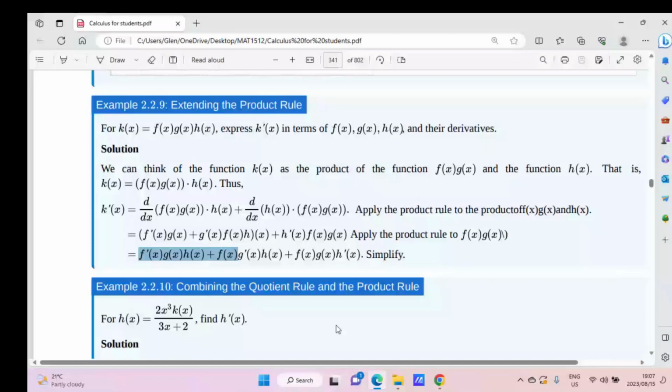In the denominator, I have 3x plus 2 all raised to the power 2.